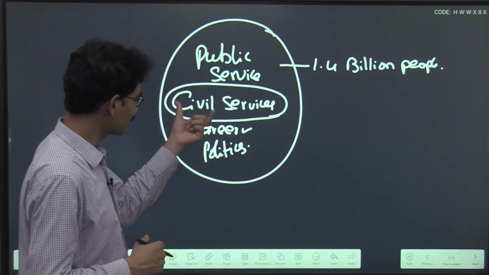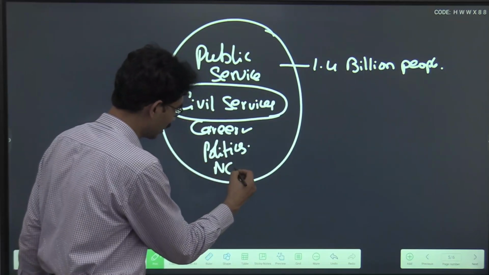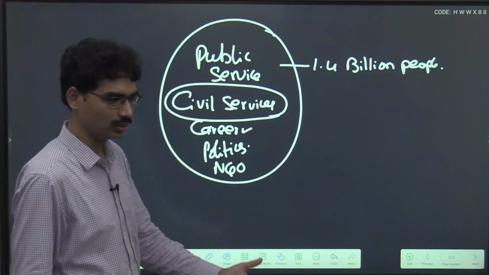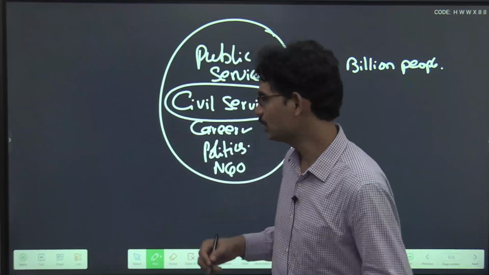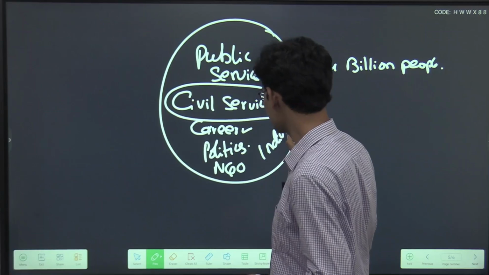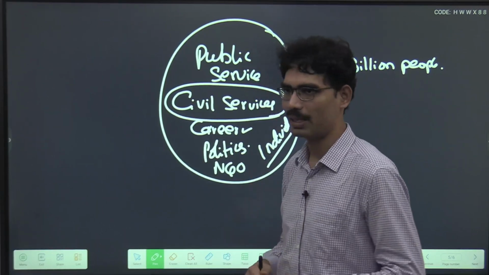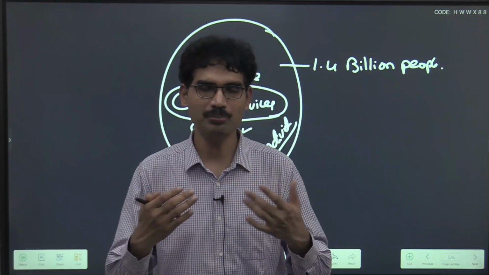Those who are not part of civil service and politics can start an NGO. It is also one kind of public service as an organization. Or as an individual also, people can serve in their own capacities. That is also a kind of public service.